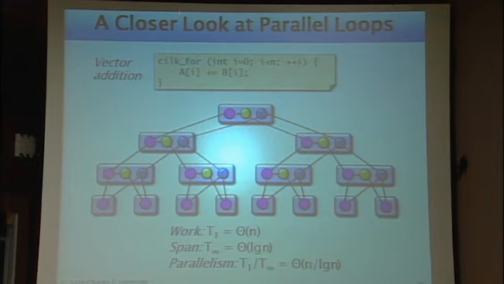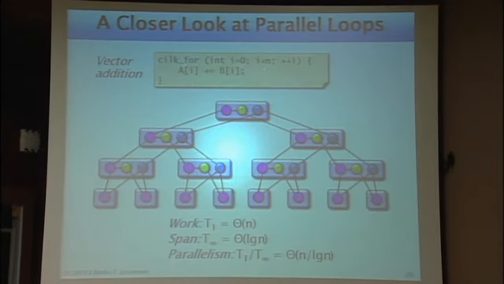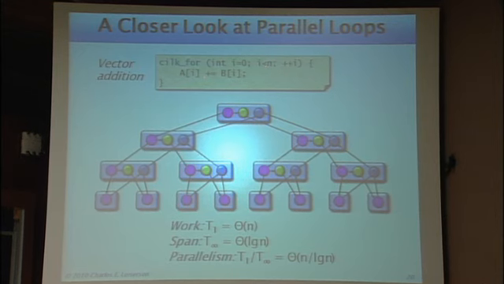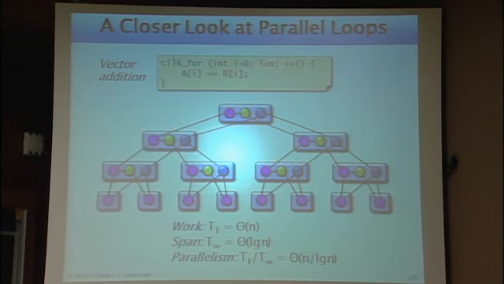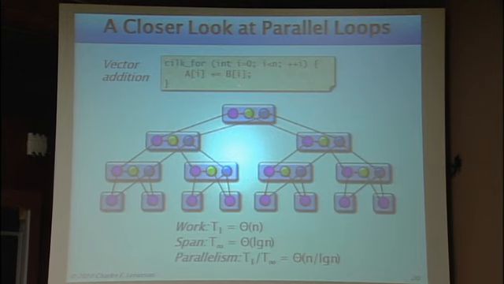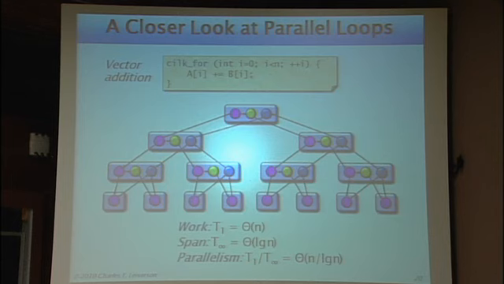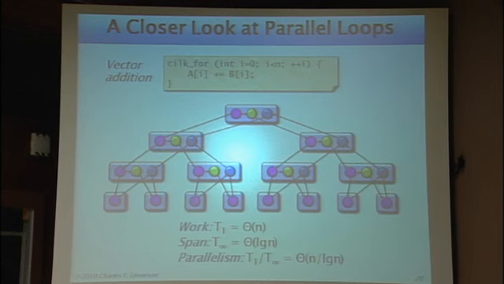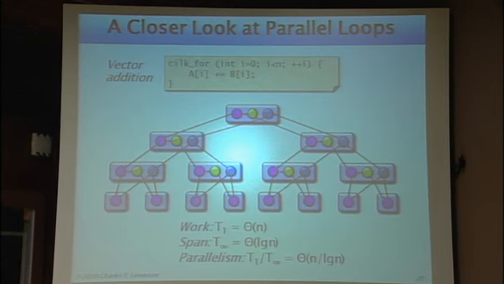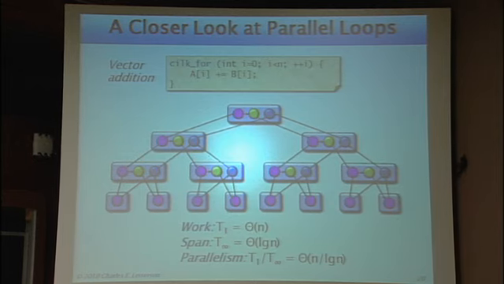Here I've got a loop that is basically just doing vector addition: for i equals 0 to n minus 1, add b of i into a of i. Pretty simple code. We want to make that a parallel loop, so I get a recursion tree that looks like this, where I have constant work in every step.